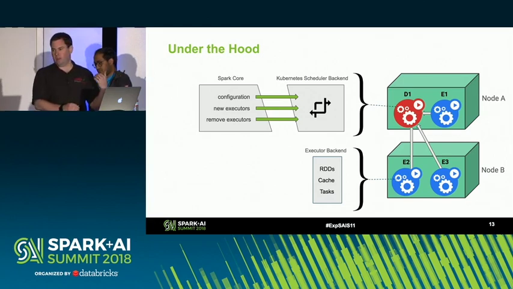When it's running on Kubernetes, it hands the calls to actually affect those actions into this new code that was written, called the Kubernetes scheduler backend, which runs inside the driver and speaks Kubernetes interfaces. If you look on the right here, each little circle represents a different container that is also in a different pod. The red one is the driver.